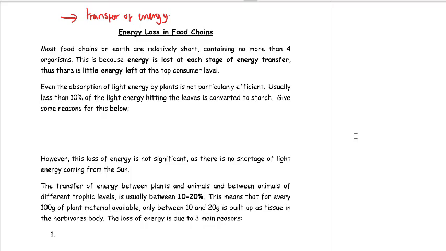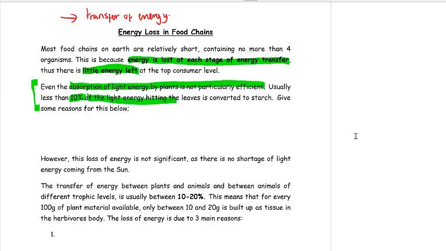And the reason for that is energy is lost at each stage of energy transfer. So by the time you get to the last one, there is little energy left. Now, if we even look at right at the start, even the absorption of light energy by plants is not efficient. Usually less than 10% of the light energy hitting the leaves is converted to starch in photosynthesis.